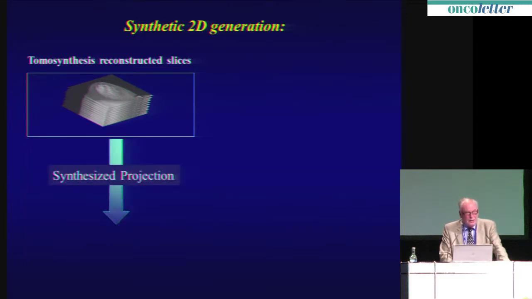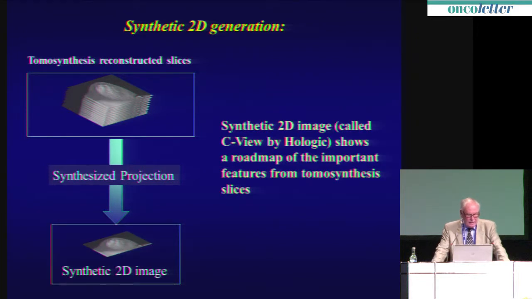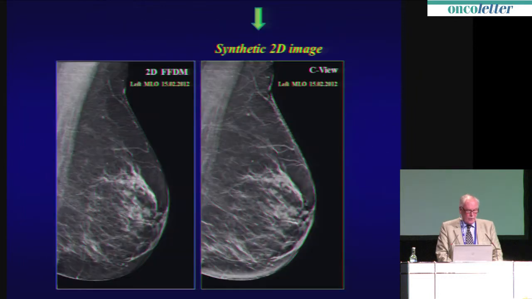We do have the 3D data set from the tomosynthesis, and from these 3D data sets, we have reconstructed synthetic 2D images. So the question is, are the synthetic projection images good enough for our daily practice? How do these synthetic images look?